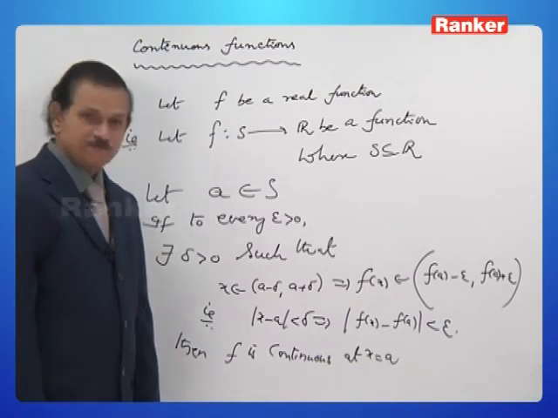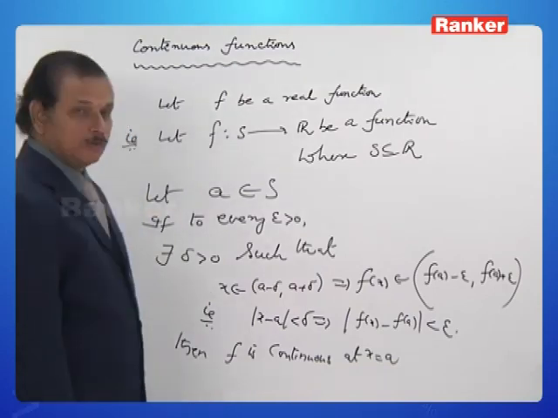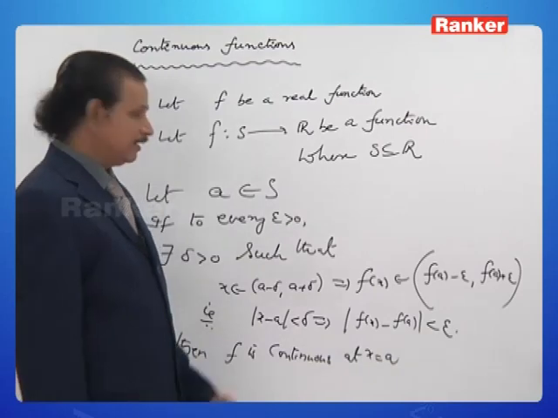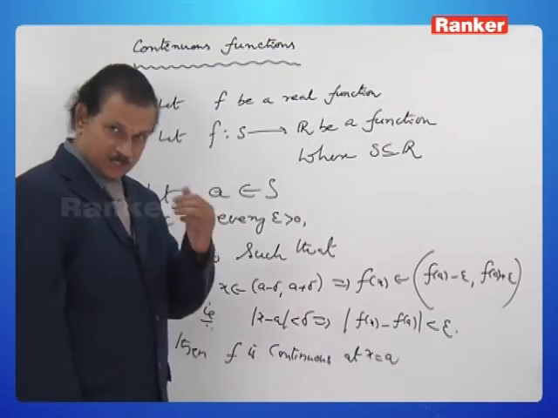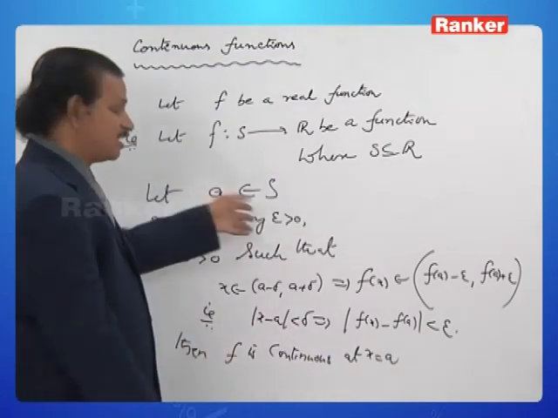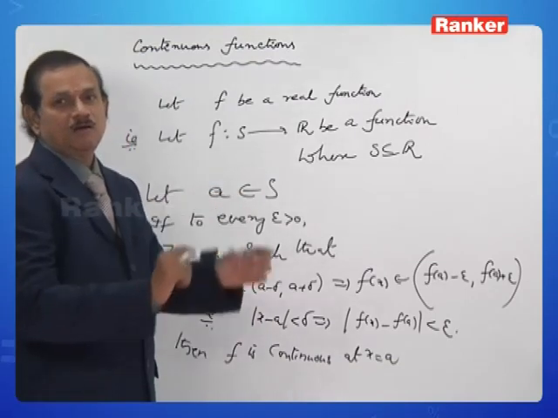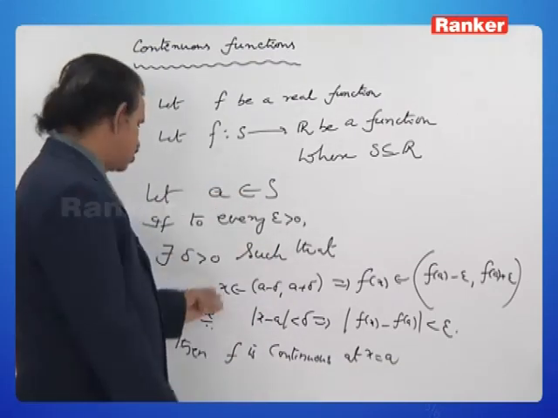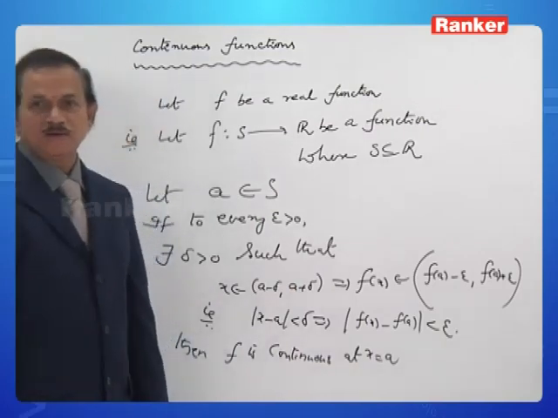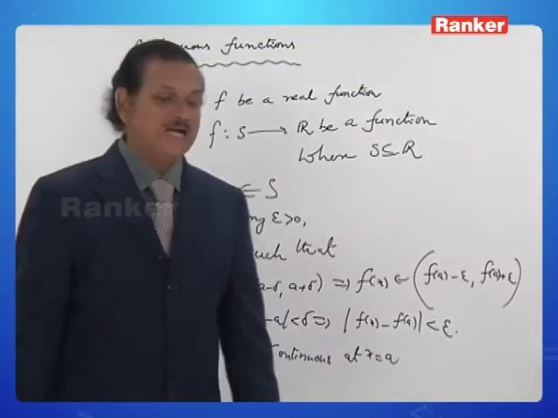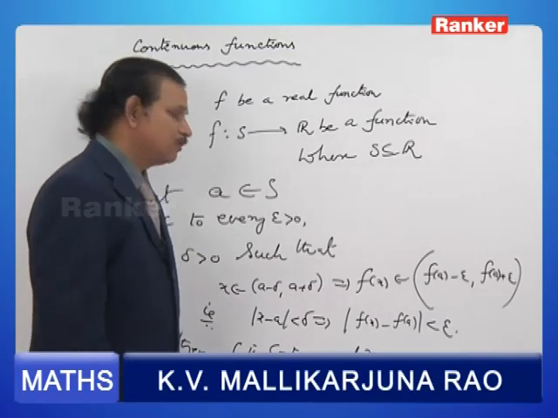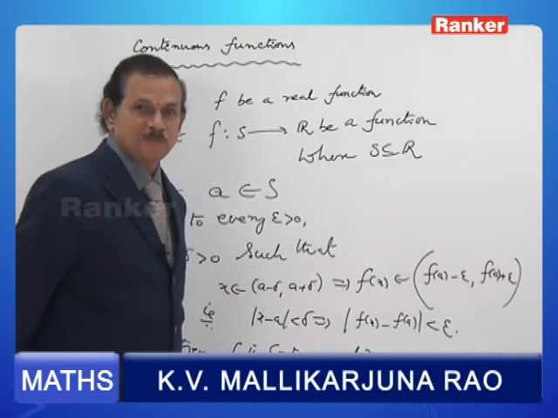If to every epsilon greater than 0, there exists a delta corresponding to epsilon, which are supposed to be very, very small positive real numbers, such that x belongs to the open interval A minus delta to A plus delta implies f of x belongs to f of A minus epsilon to f of A plus epsilon.